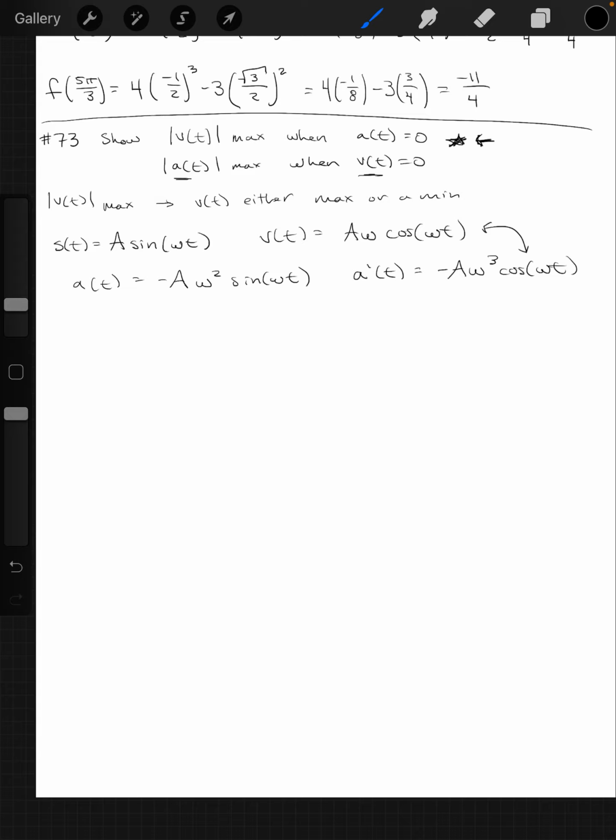So the velocity and the derivative of acceleration, since a and omega are just constants, are going to be 0 at the same place. They're going to be 0 whenever cosine of omega t is 0. So the second thing that you were trying to show there is actually asking to show the same thing as the first thing in a roundabout sort of way.